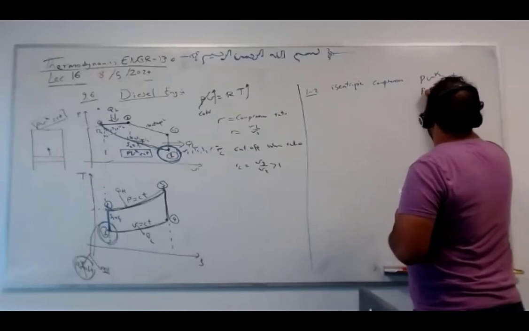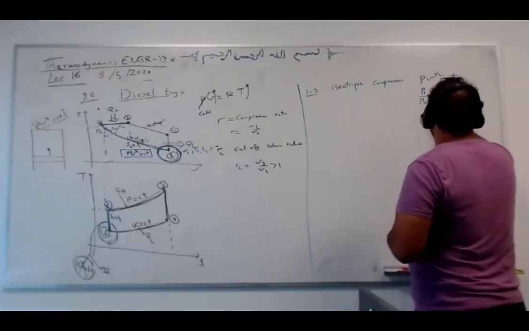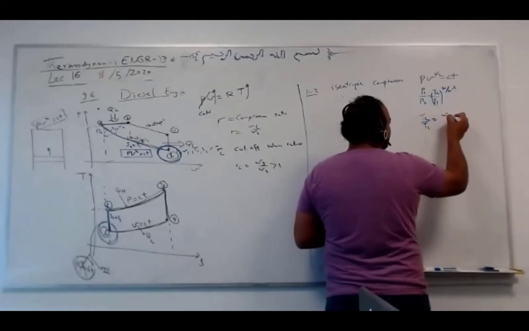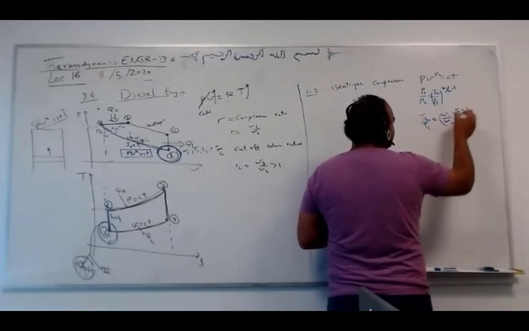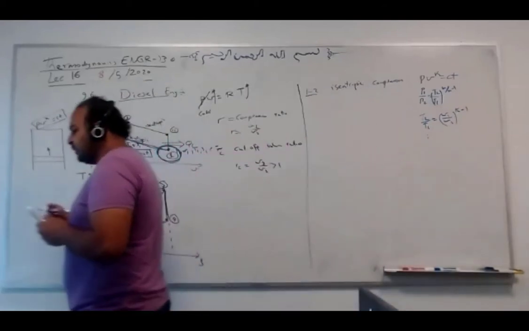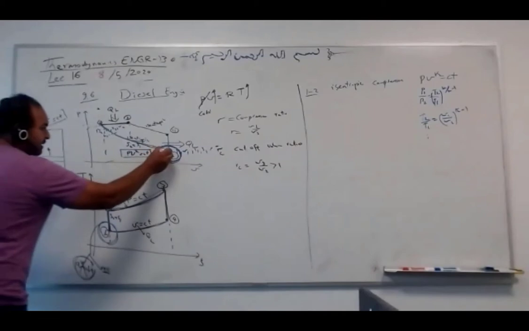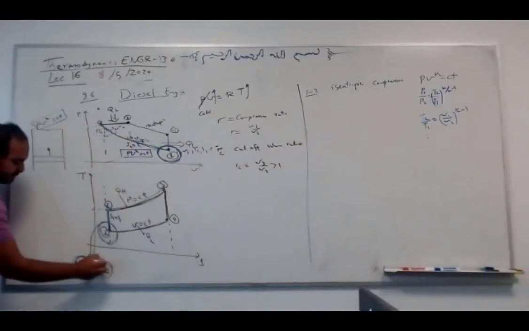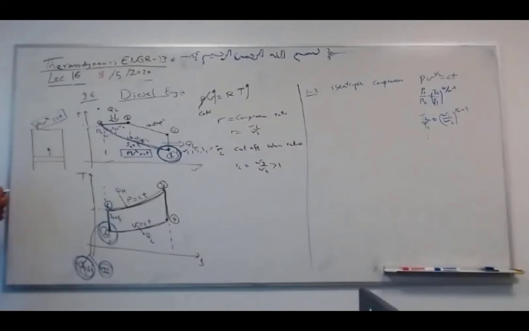For example, P1 over P2 equals T2 over T1 to the power K over K minus 1, or T2 over T1 equals V1 over V2 to the K minus 1. This is called the isentropic relation between 1 and 2. There is no heat addition. It's adiabatic and reversible, that's why we call it isentropic.